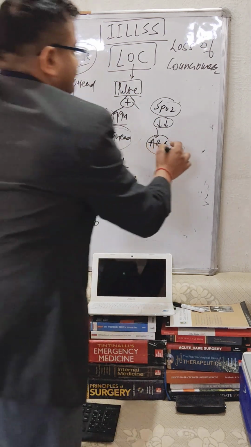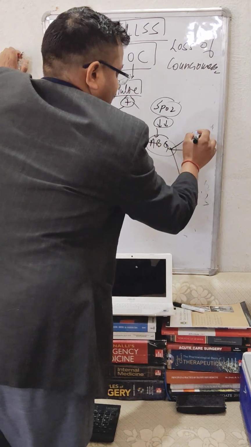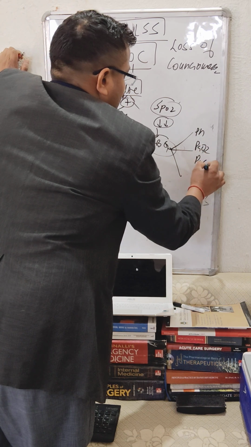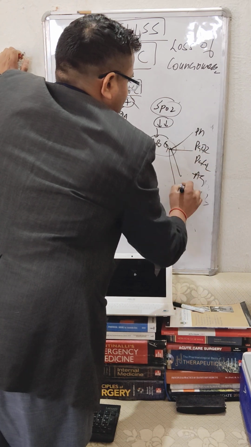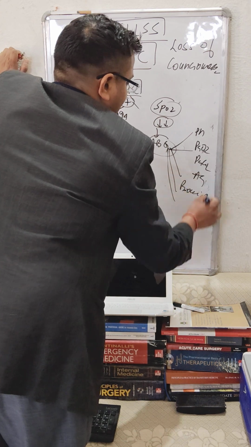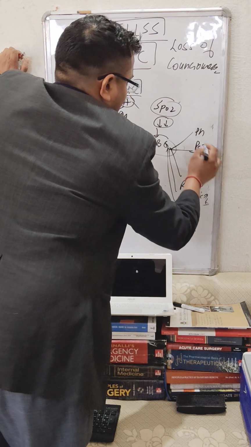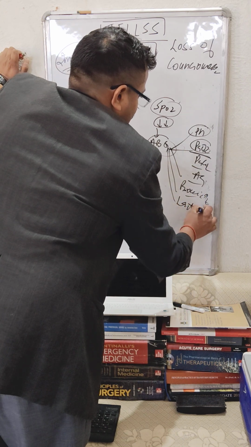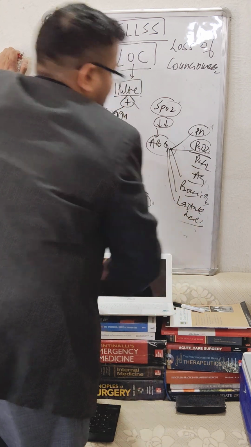Then in the ABG we have to look at parameters: pH, PaO2, PaCO2, anion gap, then bicarbonate levels. Then you have to look for what? Lactate levels, that is the sign of shock.